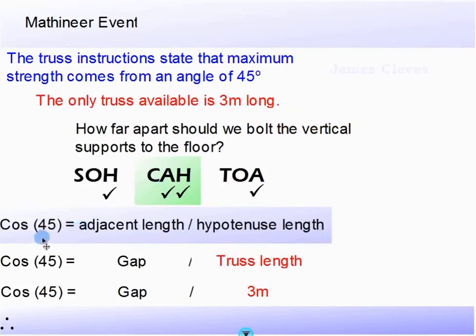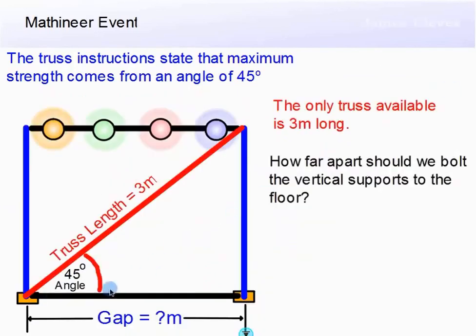So the cos of the 45 degree angle is equal to the adjacent length, which we want to find out, divided by the hypotenuse length, which we know. So the adjacent length is the gap, and the hypotenuse length is the length of the truss. I'll just refresh your memory. So the cos of 45 equals this length, the adjacent, divided by 3 meters, the hypotenuse.